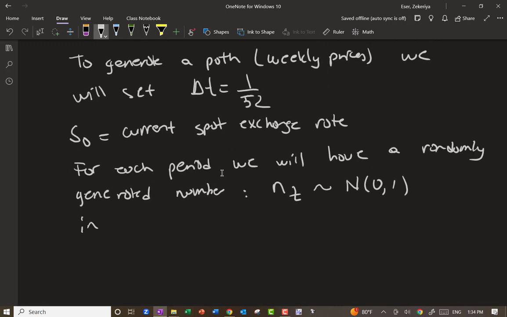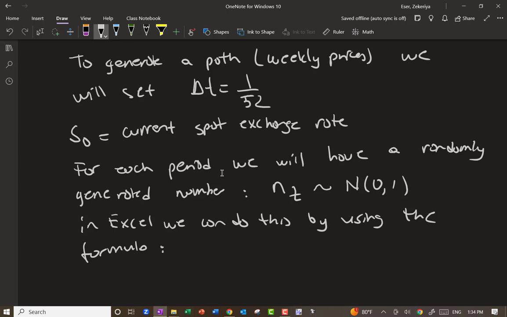And in Excel, we can do this by using the formula. So NT is going to be NORM.S.INV. It basically means inverse of the standard normal. RAND is a random draw from a uniform distribution between 0 and 1.